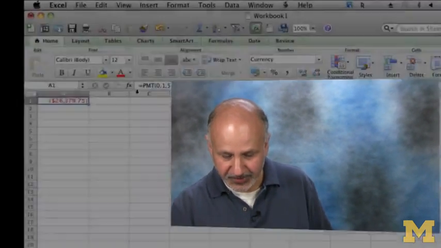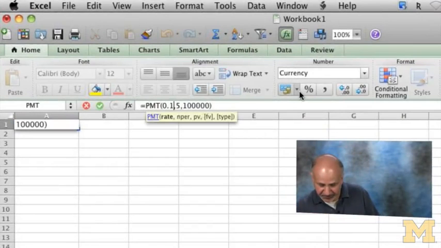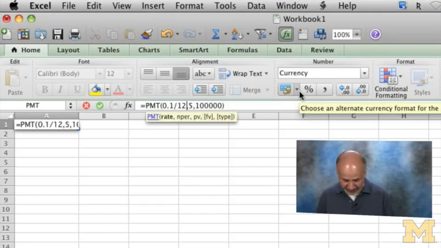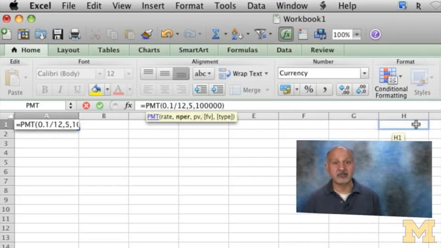Okay. The good news is I have this problem solved for an annual basis. So what do I do? I just divide 0.1 by 12. What have I done? I've converted the interest rate to monthly. Then whatever I have divided the interest rate by, I have to multiply the number of years by the same amount, and it's 60.